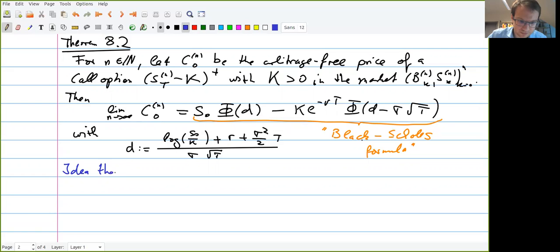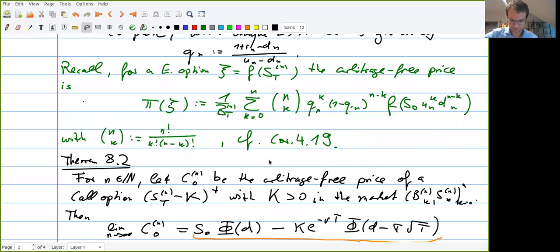Proof. Actually, if you really work out all the details, the proof is rather lengthy. But this is okay. It's a complex convergence analysis. But for us, it is okay.